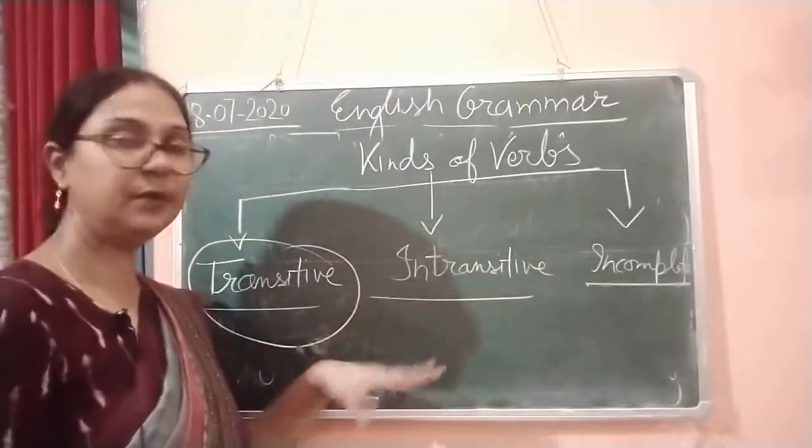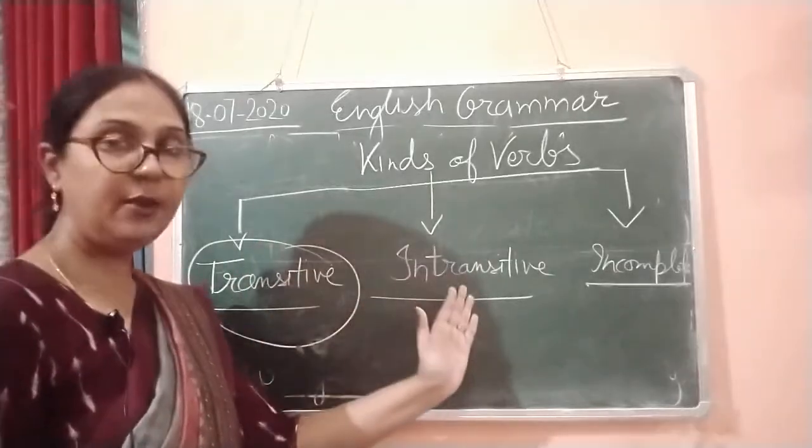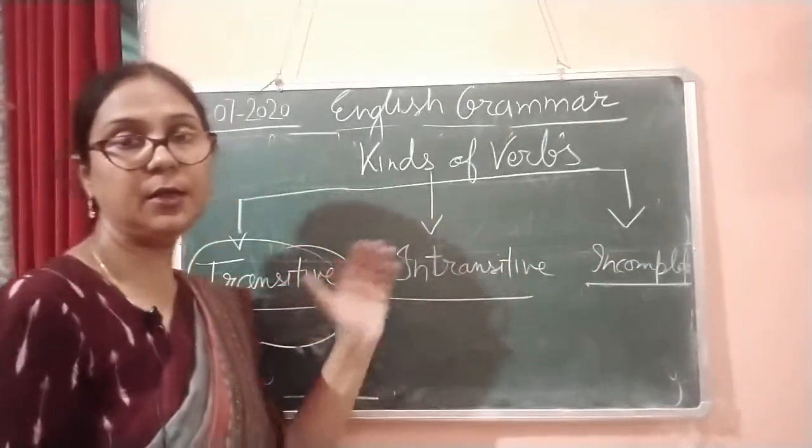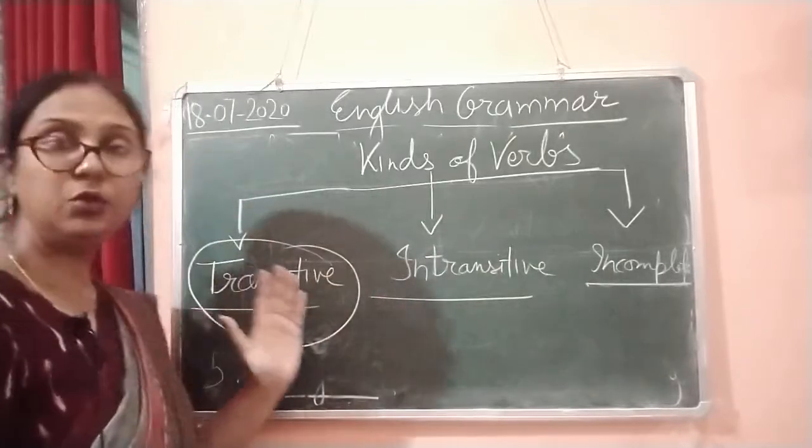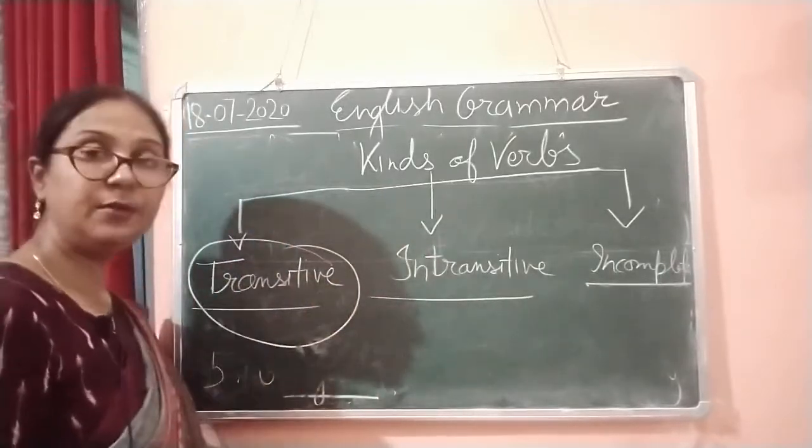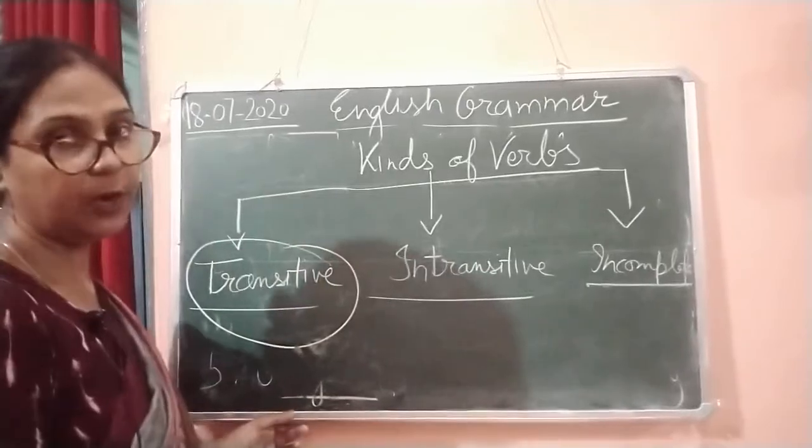Now the kinds of verb: first is transitive, intransitive and incomplete. So I'm going to write transitive verbs. Definition of transitive verbs.